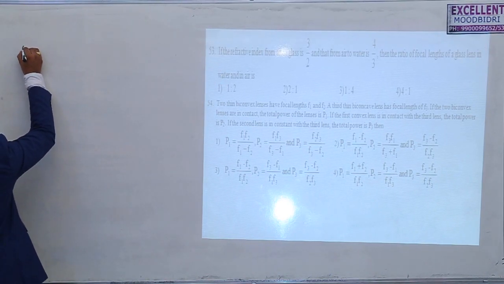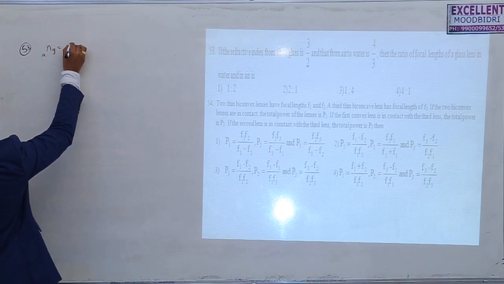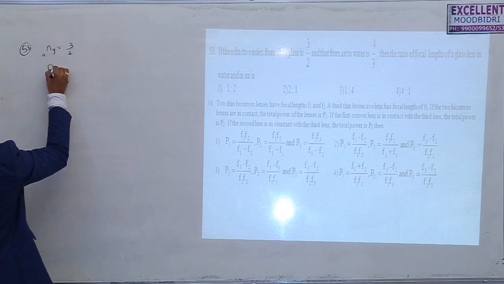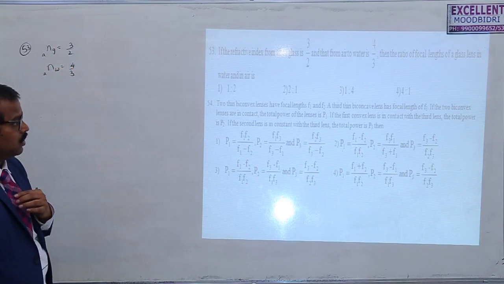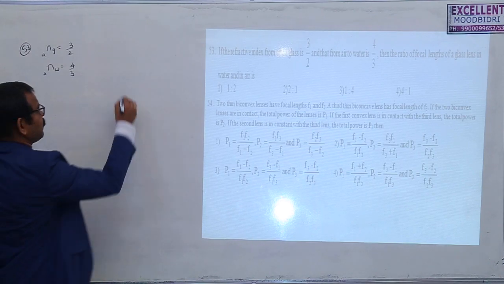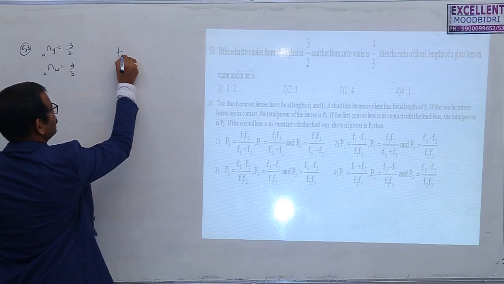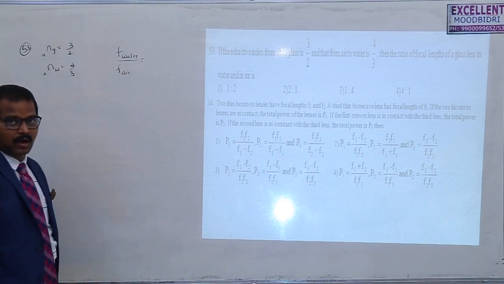Refractive index of air to glass, n_g^a is equal to 3 by 2. Refractive index of water to glass is 4 by 3. Now, the ratio of the focal length of a glass lens in water and in air. So, the focal length of the lens in water to the focal length of the lens in air.